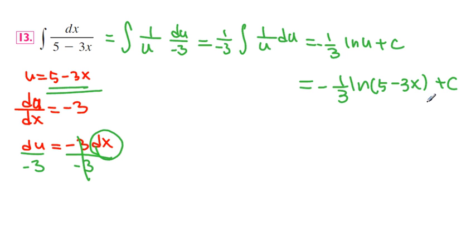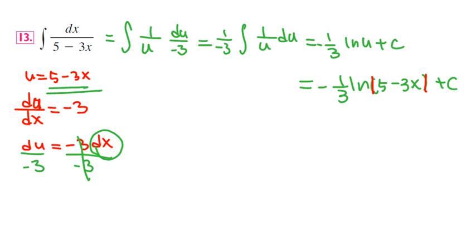Now, the one thing you have to realize is this. 5 minus 3x sometimes could be negative, based upon the x. So we want to restrict this by putting the absolute value sign. Then this will always be defined as long as the expression within the absolute value doesn't become 0.